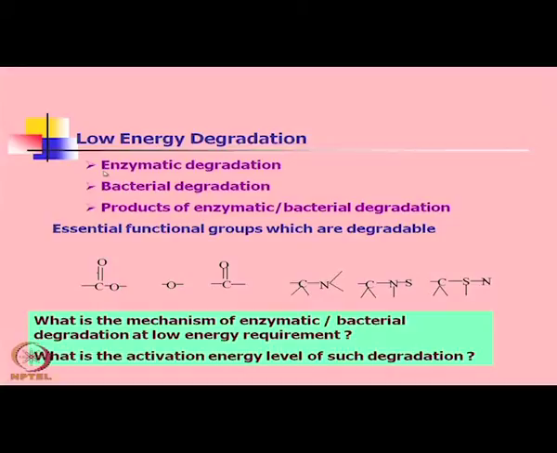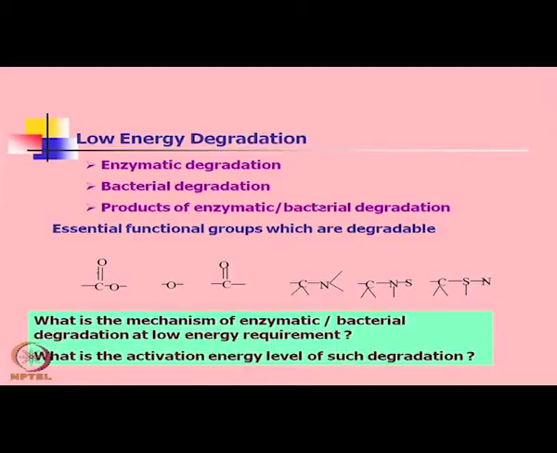Now, a process would be suitable if it is a low energy process, if the energy involvement is very low. In that case, we can think of degradation by enzymes, we can think of degradation by bacteria or fungi, etc. Next we have to think what are the products of enzymatic and bacterial degradation.